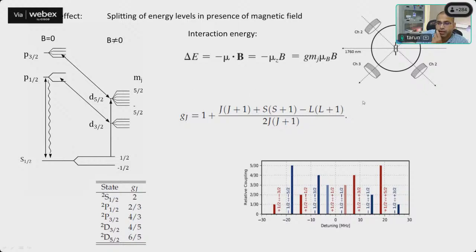And you can calculate all this with the Landé g-factor, gJ, and then you can also calculate the interaction energy. You see, in the presence of a magnetic field, all the lines will be split up, right? That means individually you can have all the transitions because you can address all the levels. Before, D phi by 2 was only one line, right? Now with the magnetic field you have six lines.